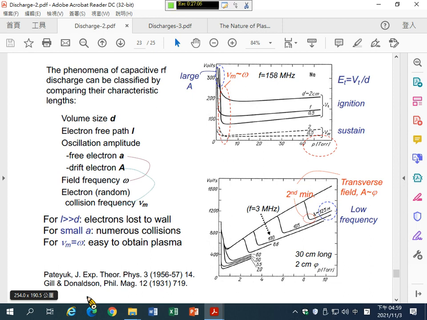When we look at this 2 centimeter diameter here, if the oscillation amplitude of the drift electron, when it drifts back and forth like this, is close to the diameter of your quartz tube, you will see another effect.